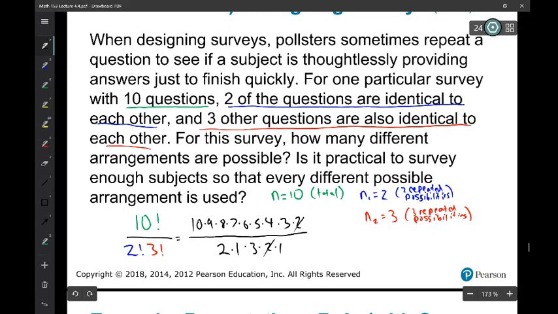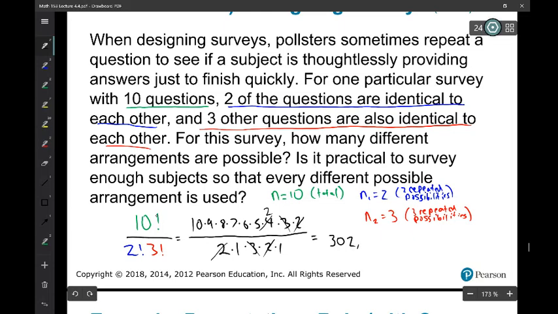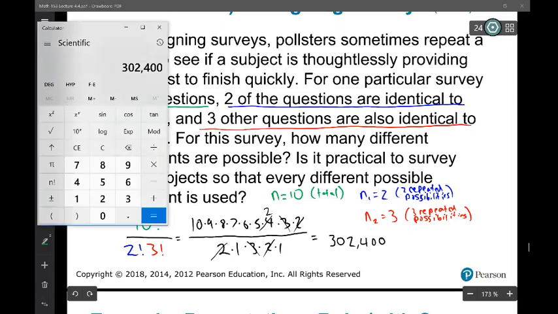So 2's cancel, 3's cancel, and then a factor of 2 will cancel with the 4 here and leave a factor of 2. So we get 10 times 9 times 8 times 7 times 6 times 5 times 2, or 302,400 possibilities.